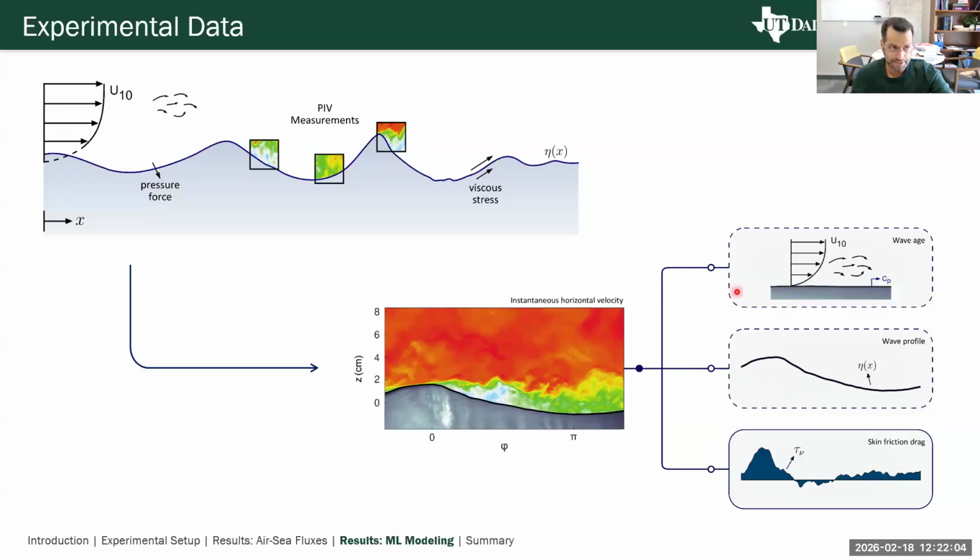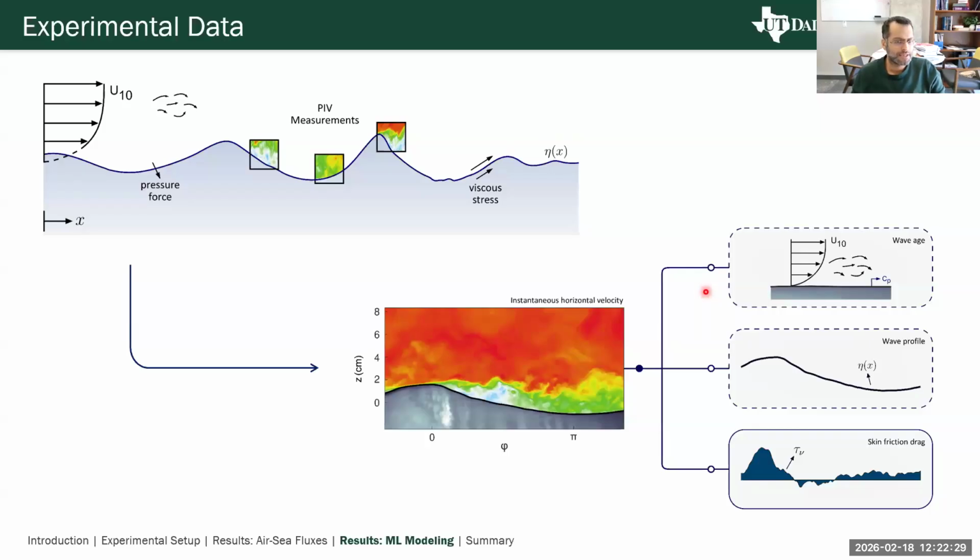profile and wind speed? The idea behind that is that the skin friction drag is very expensive to measure or even to model, to simulate. It is going to take a long time for these measurements and these simulations, and it's very expensive. But wave profile or wind speed is something that is very cheap, so we can very easily measure them in the field.